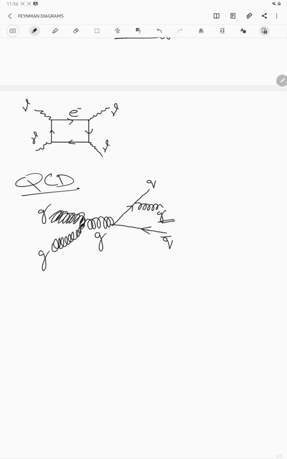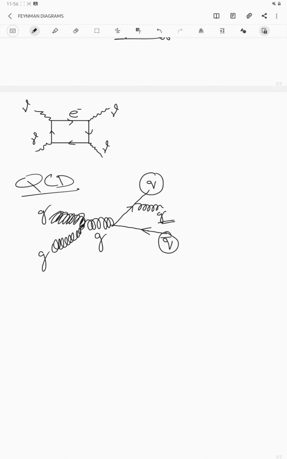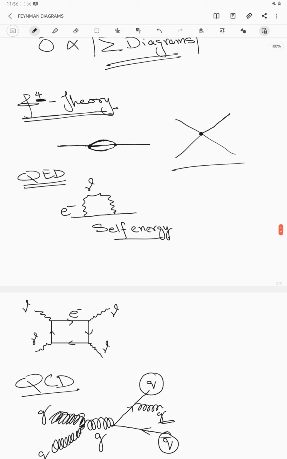Again, let me mention that the incoming and outgoing particles correspond to external lines. So we have this quark and anti-quarks. For different theories, where we have different particles, as you can see, quantum electrodynamics has electrons, which are the fermions, and photons are the bosons.